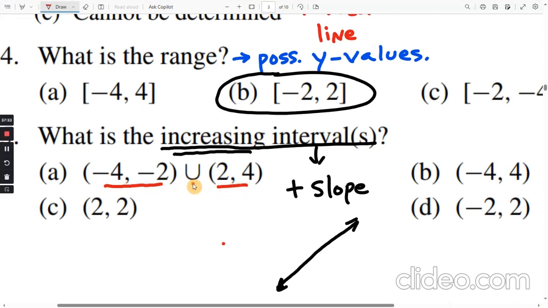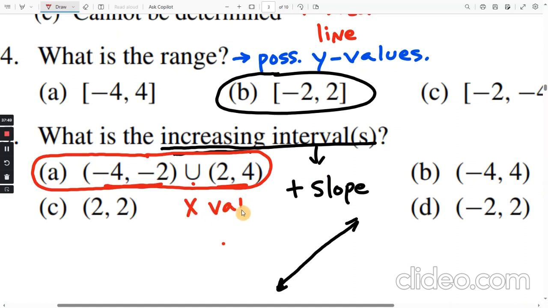This means in union with, so it's both of these combined. So that's the correct answer right there. This is where the positive slopes occur, and you want the x values where there is a positive slope.